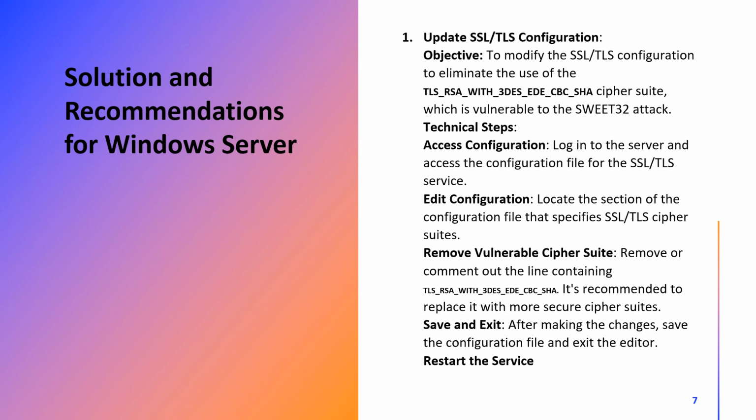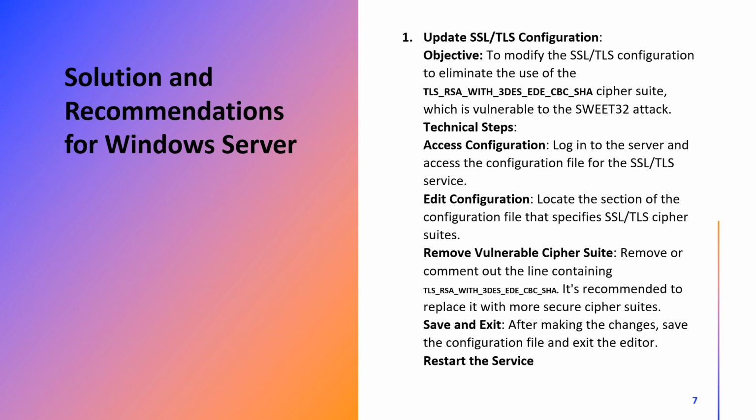Now the solutions and recommendations for the Windows Server to get fixed. We must update the SSL and TLS configuration to eliminate the use of the cipher suite which is vulnerable to the Sweet32 attack. We must log in and access the configuration file, locate the section that specifies the cipher suites, and remove or comment out the line containing it. It's recommended to replace it with more secure cipher suites.